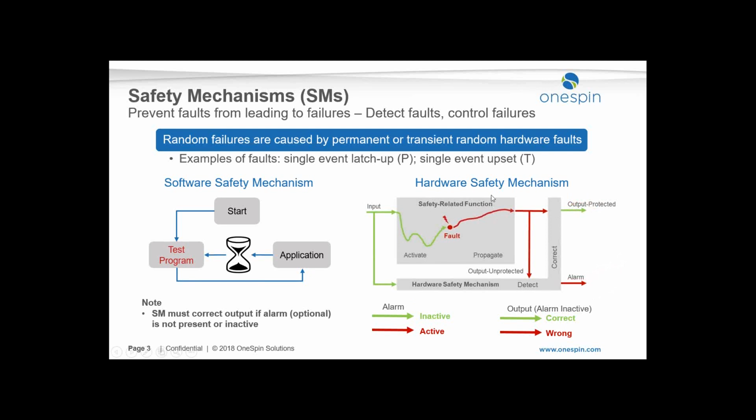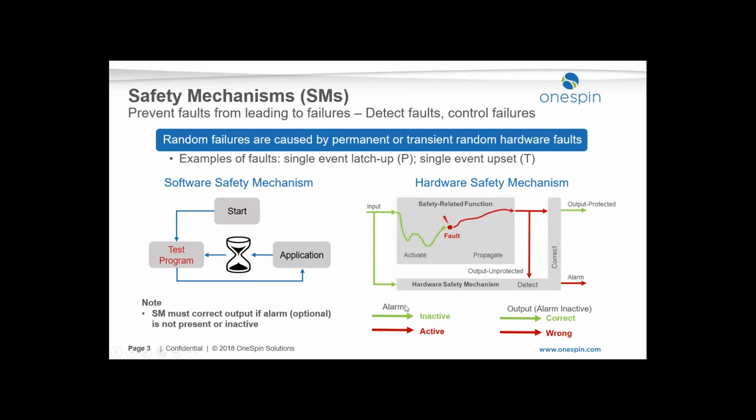So in these pictures that we will see now a lot, and we are going to dig into fault classification and the various types of faults that we need to consider, we will have the alarm signal, and in green we indicate when the alarm is inactive, so the safety mechanism didn't detect any problem, or when it's active in red.